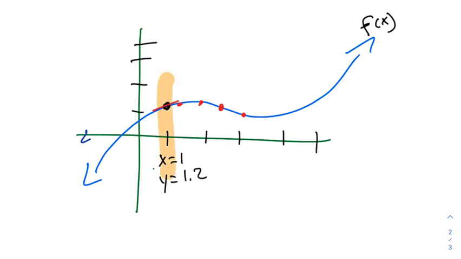Euler's method lets us look at the slope right there at x equals 1, go a little bit beside it, and then estimate the slope at that new point, and then estimate the slope at the next new point, so that we're able to at least get a closer approximation. But Euler's method still does not work very far away, and it's just not good on graphs that have a lot of curvature.